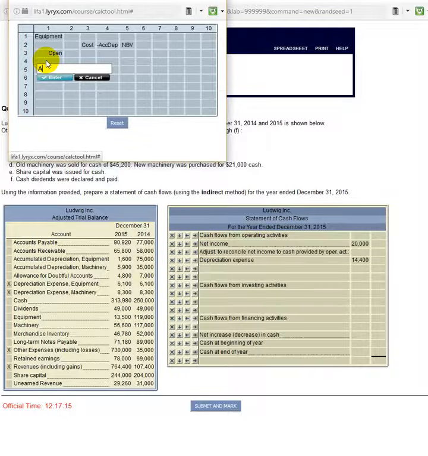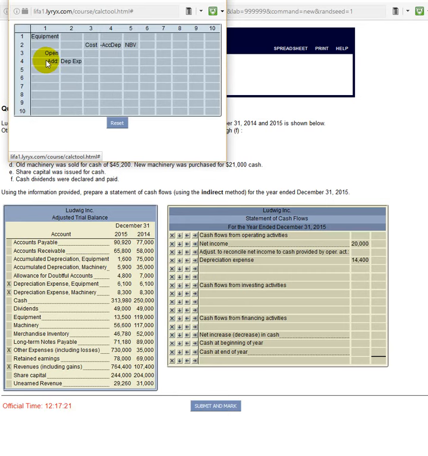Then we add a couple of pieces, and that will include depreciation expense. That will be added to the accumulated depreciation. And then if we purchase any new assets, that will go there.